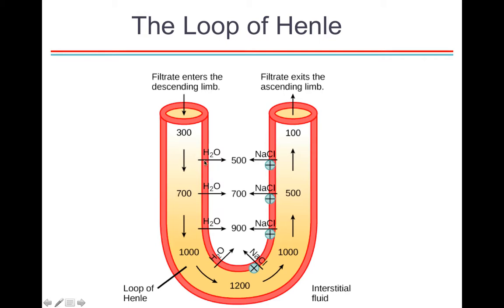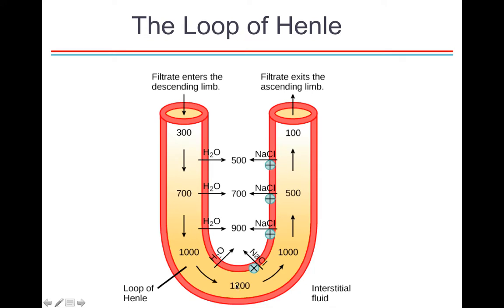So aquaporins are in the membrane of these cells lining the descending loop of Henle, and the aquaporin allows water to exit into the interstitial space. And then in the interstitial space, it can be quickly picked up by capillaries. And again, the exiting of water leads to more solutes being concentrated, having this very big increase in osmolality as the filtrate is moving down the loop of Henle.